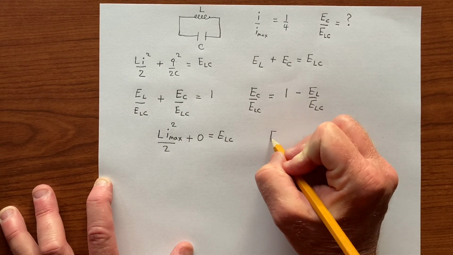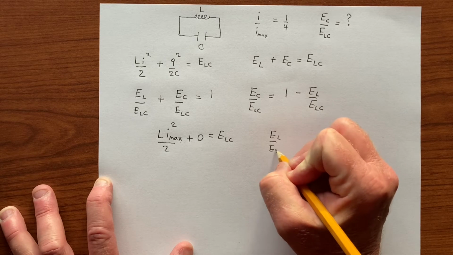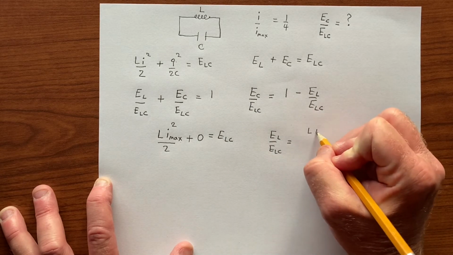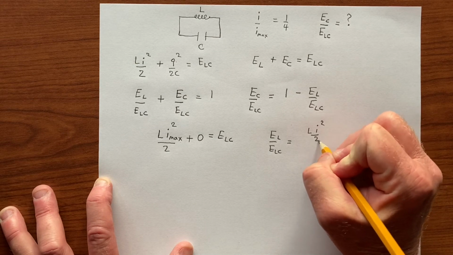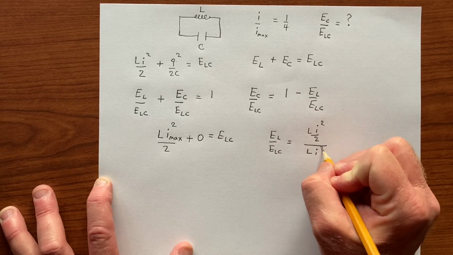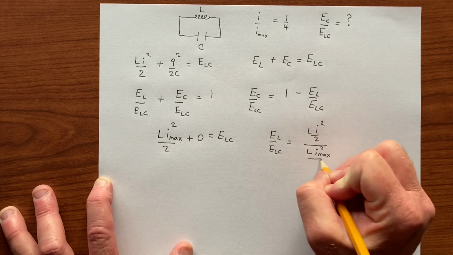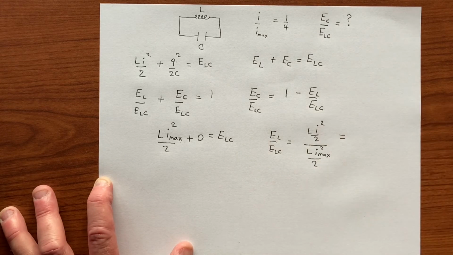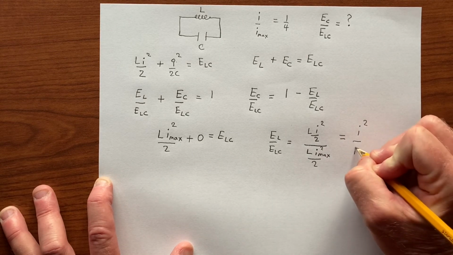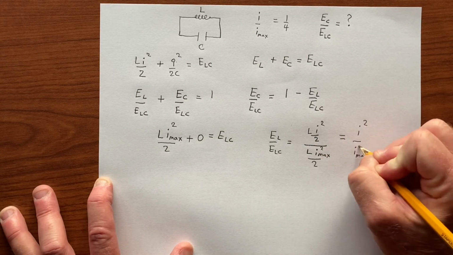We can now calculate EL over ELC as, EL is L I squared over 2, and ELC is L I max squared over 2. The L and the 2 will cancel, and we'll get I squared over I max squared.